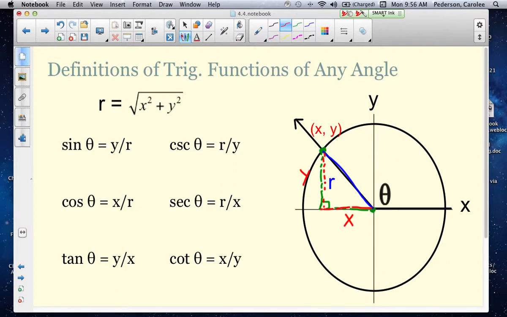The way I remember it is when you do the unit circle trig, remember sine went with y, and cosine went with x. And then tangent, remember, was y over x. So go ahead and write those down, and then we'll have an example on the next slide.